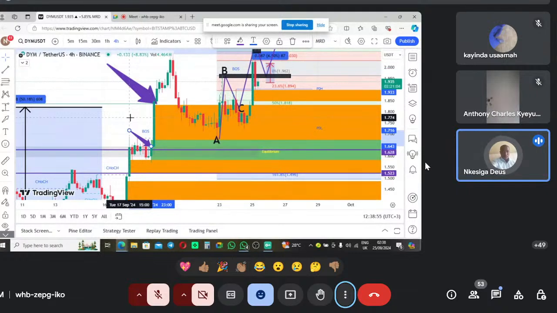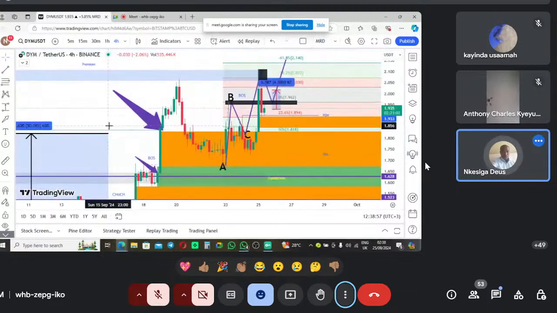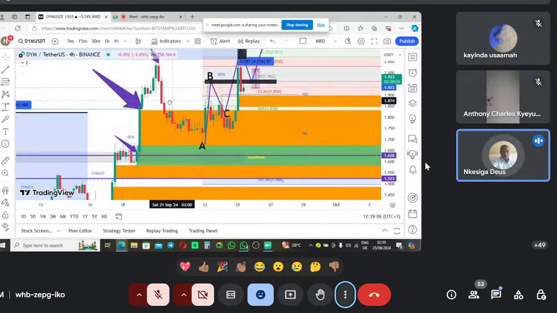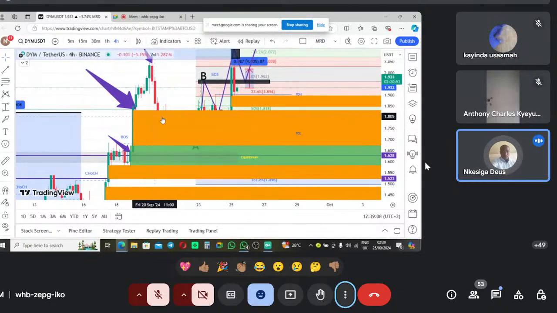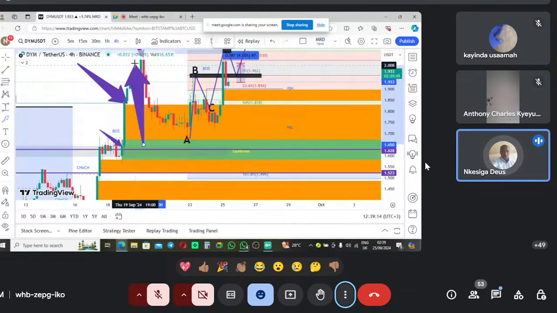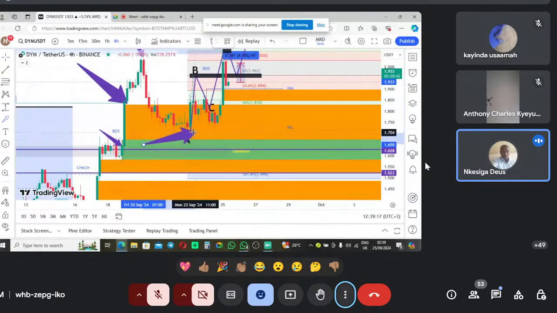Therefore, how do we trade using the fair value gaps? Wait for the market to form a new high. You can see this is a high. After forming a high, the market will definitely come back to the fair value level. You can see the market came back all along from here up to here. It stopped from here.